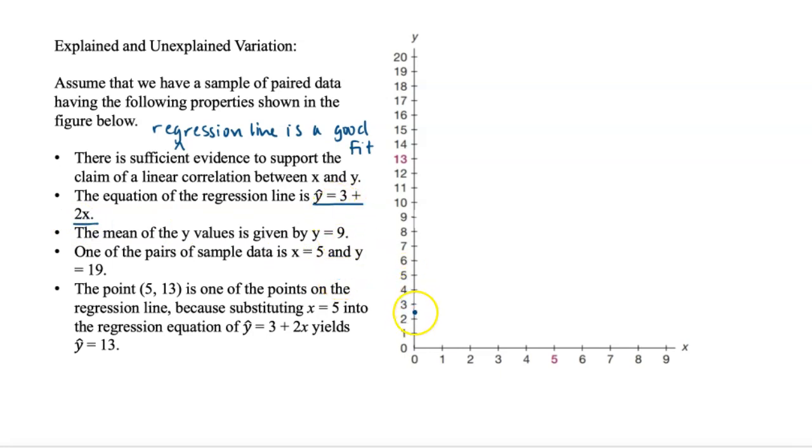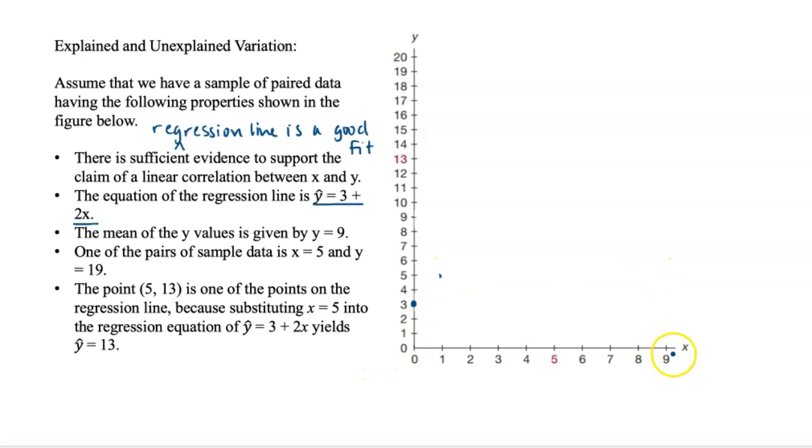I know I've got a y-intercept at 3, and I know I've got a slope of 2. Starting at 3, with a slope of 2, what that means is that for every x value I'm moving to the right, I'm moving up 2 y values. So I've got a point here. Let's move all the way over to 9.